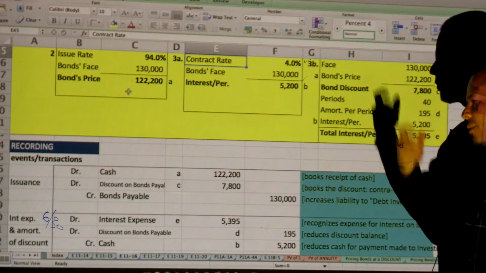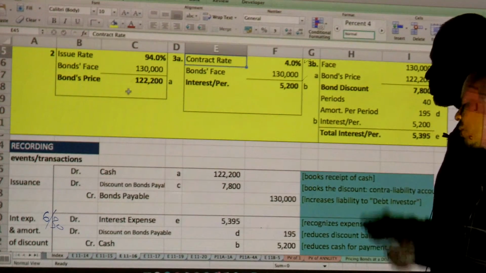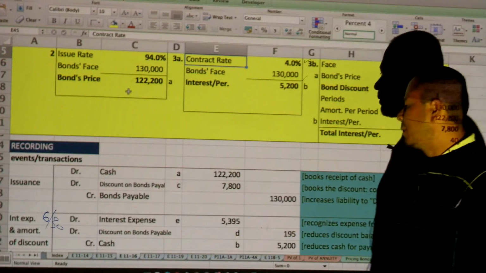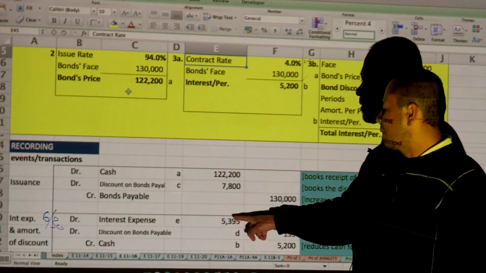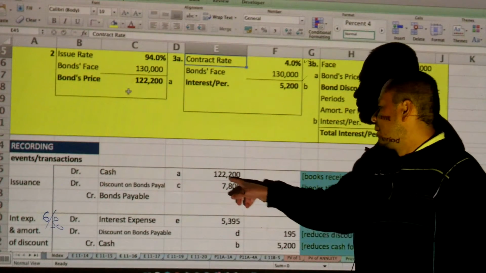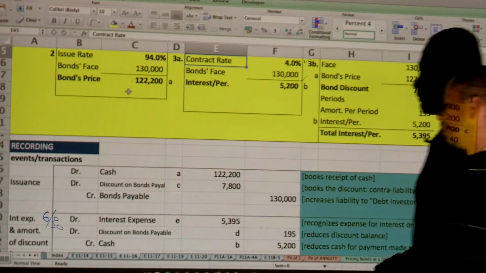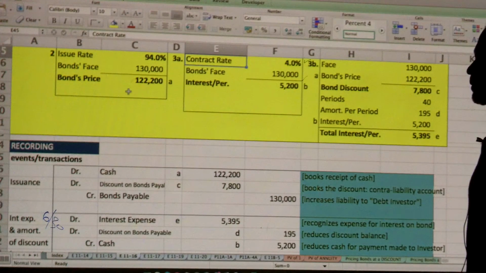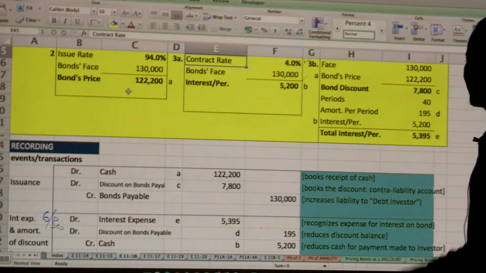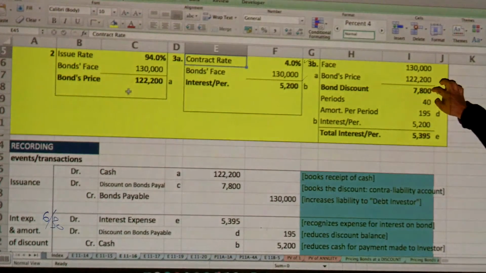Well, that rise of interest rate effectively represents higher interest expense every period. But we do not recognize the full amount at the outset of these bonds. Instead, we allocate a portion. Here's the difference, right?